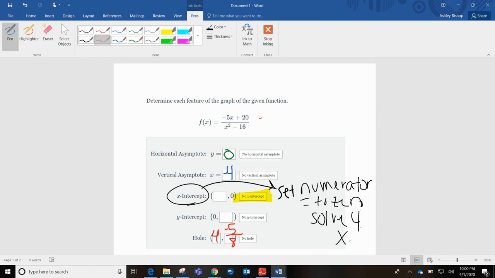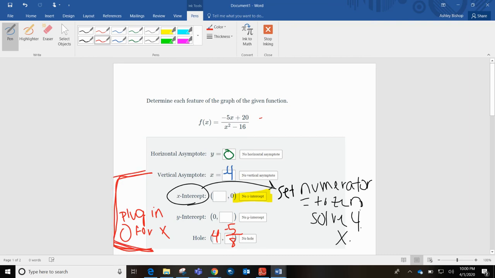And then your y-intercept, you plug in 0 for x. And all of this happens with what you are left over with. All of this, the vertical asymptote, the x-intercept, the y-intercept, and the hole is what happens after you factor the numerator and the denominator and cancel.